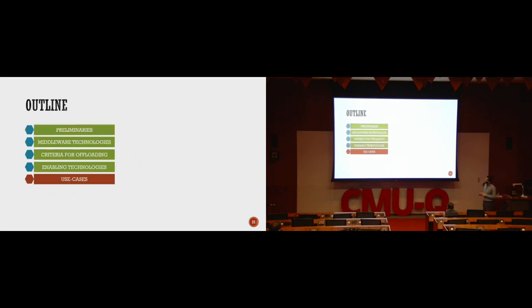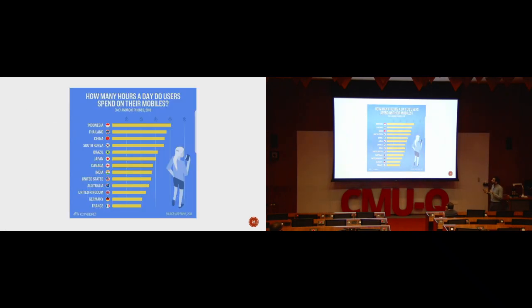Let's go over the use cases now. Okay, so do you know how much time people generally spend on their phones on average all around the world? This much. This is up to more than 4 hours a day, which means 17% of your day on average is spent on mobile phone.